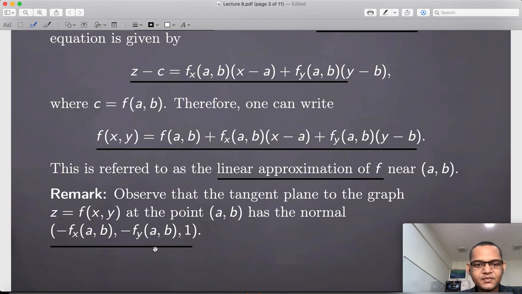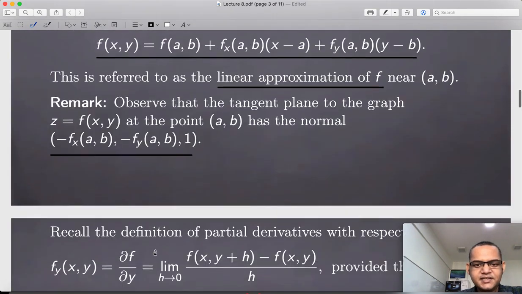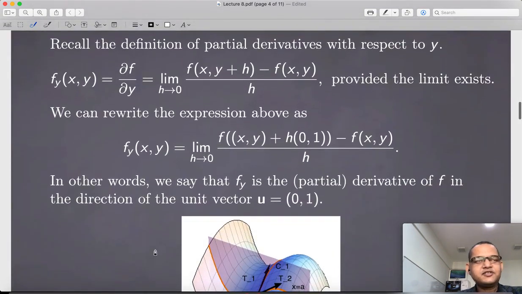Correct? All right. So as I said in the beginning, we try to generalize the notion of partial derivatives. Let me write down the definition of partial derivatives once again. So this was the definition, correct? Of course we say that if this limit exists, then that is the partial derivative. Here the change is happening in the y coordinate and x is kept fixed, so basically we are talking about fy, isn't it?